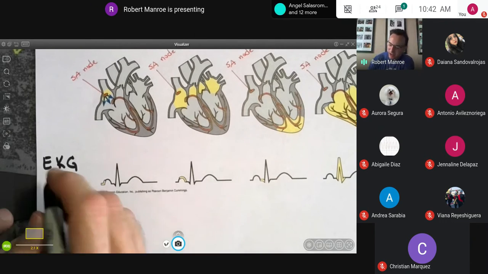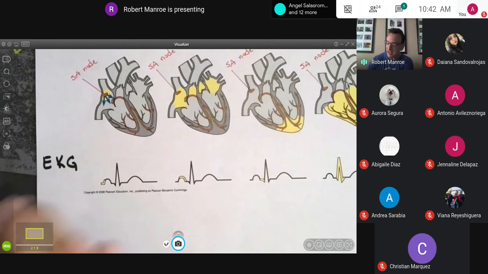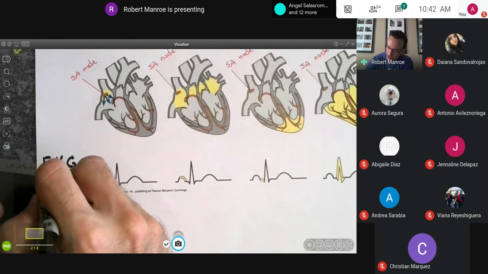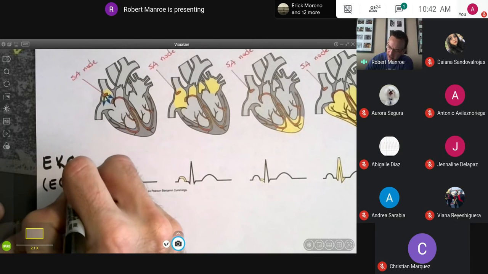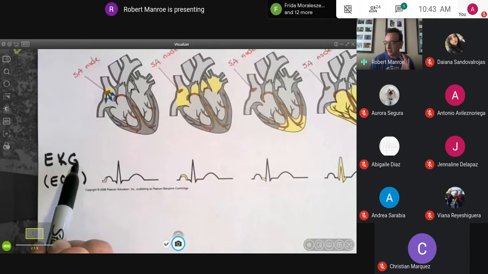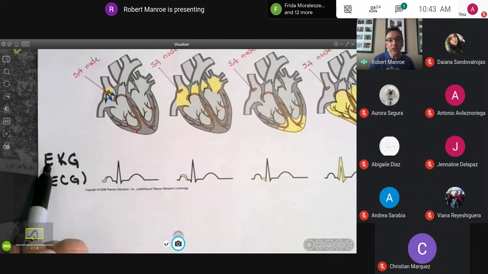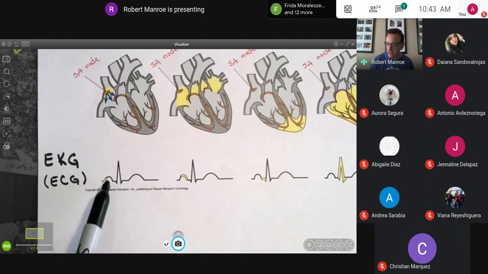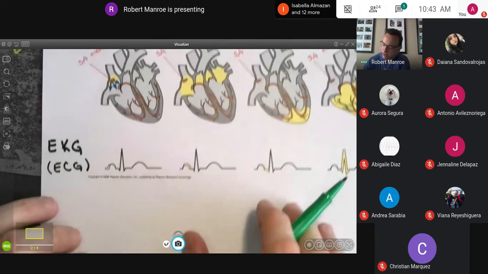So you will still hear people call this an EKG to this day, or you'll hear some people say ECG for the English version, but these two are the same thing. It stands for electrocardiogram. It's a graph that presents the electrical activity of the heart. That's what this is.